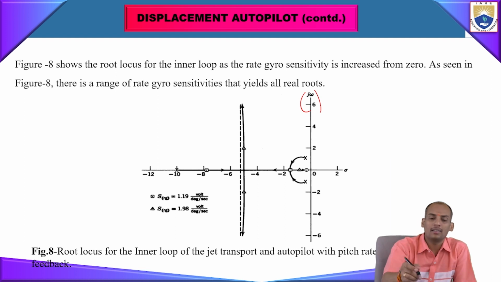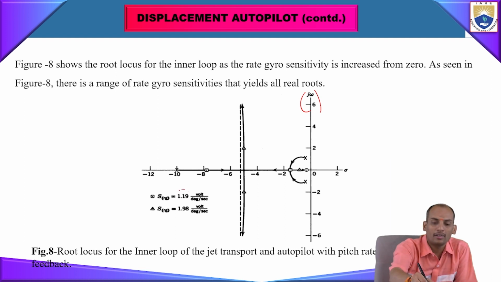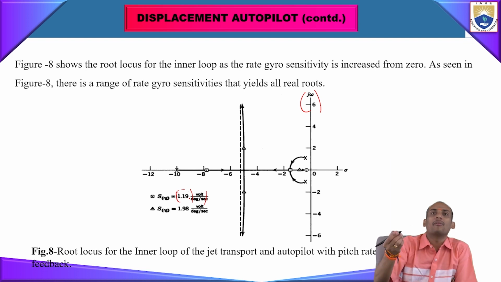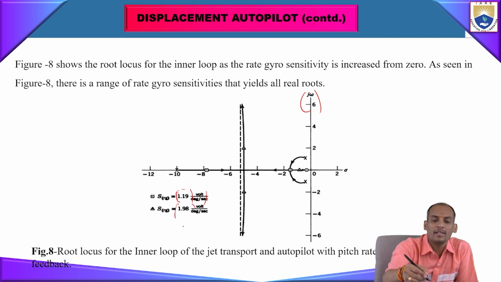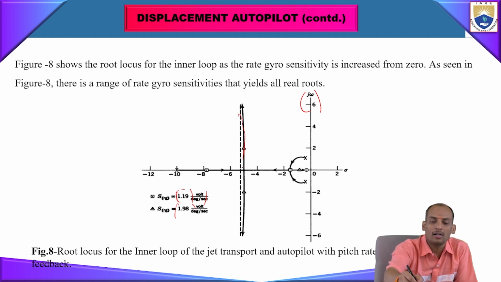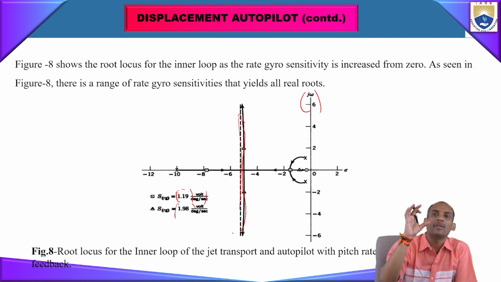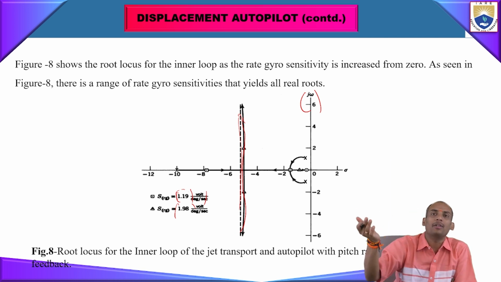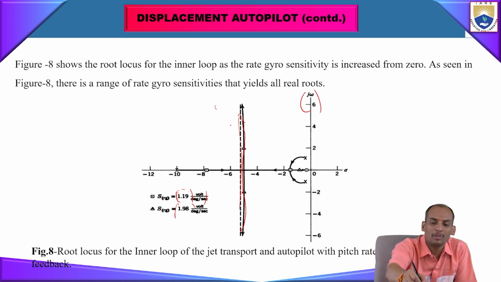Here you see that our SRG values are 1.19 and 1.98. For an aircraft with these values, the root locus is almost straight, with no much deviation between those values.